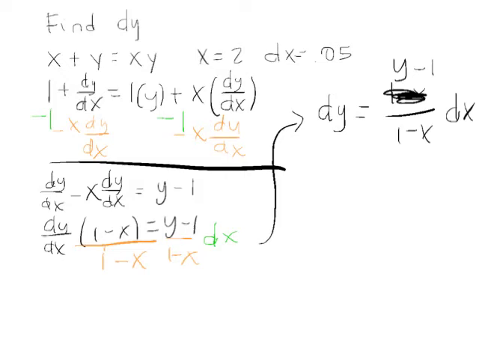I'm going to let 2 plus y equal 2 times y, and get the y's together on one side. So this is going to be 2 equals y. Now this is my y value right here, here's my x value, and here's my dx value. So I'm going to end up with a problem that looks like 2 minus 1 over 1 minus x times 0.05.